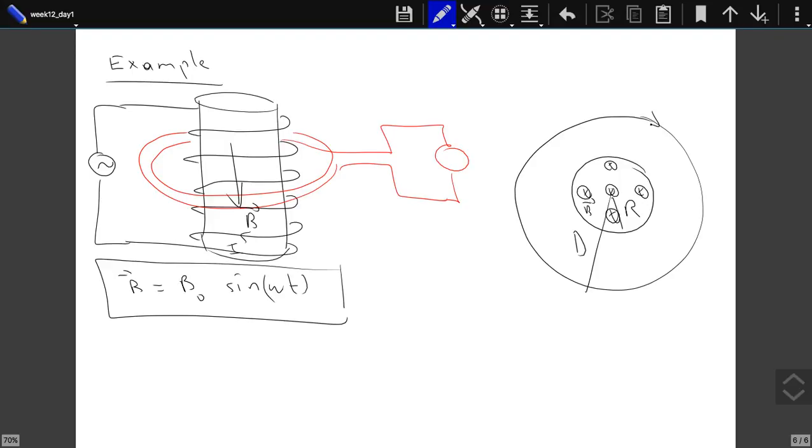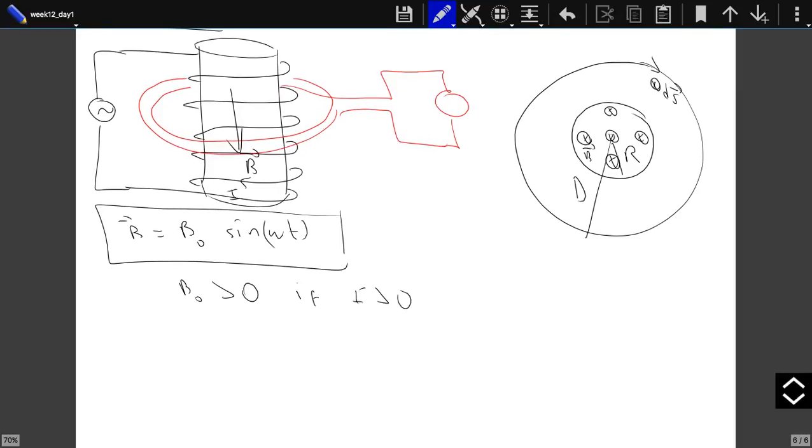Clockwise. What's the direction of ds? Inside the screen. Well, you see, B0 is positive if I is positive. I is running in that sense. I0 is positive, let's say, at t equal to 0.